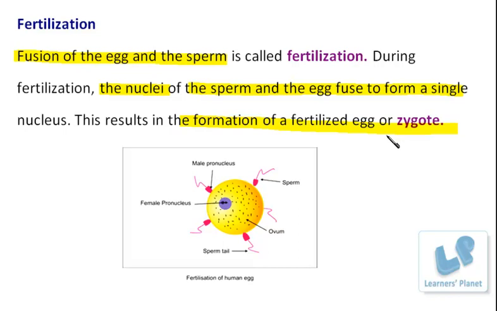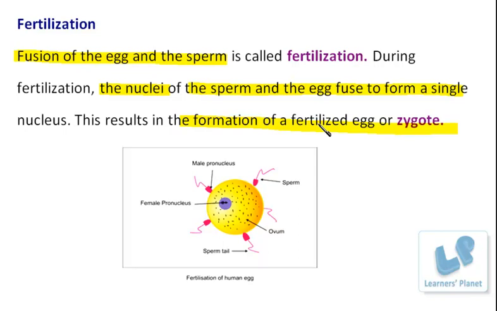Fertilization refers basically to the fusion of the nucleus of each cell, that is the nucleus of the sperm as well as the egg. And this is why in the zygote there is only a single nucleus, which contains the information transmitted from both the parents, that is from the father in the form of sperm, and from the mother in the form of the ovum.